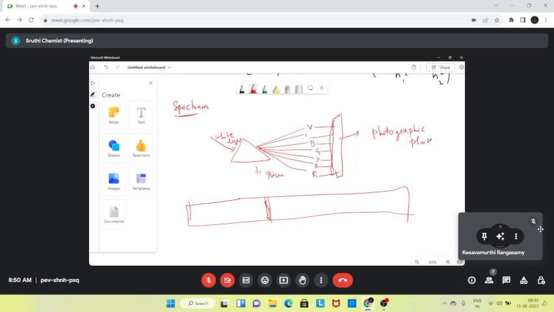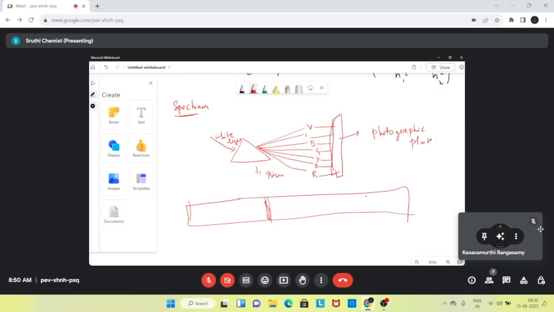All these radiations are arranged either based on frequency or wavelength. You have X-ray, gamma ray, infrared ray, far infrared ray, and then FM radio waves. All those are arranged here. That is the electromagnetic spectrum.